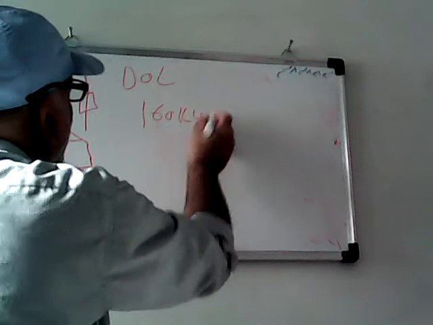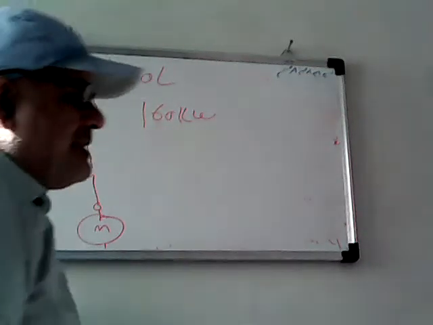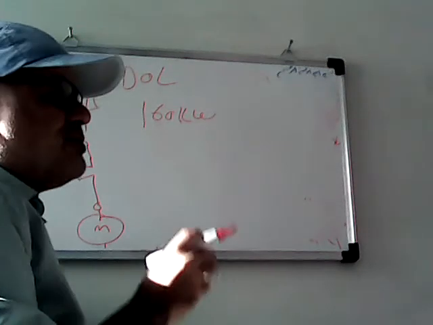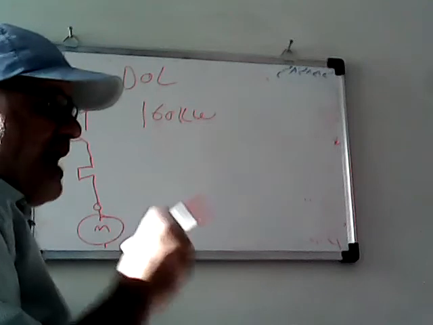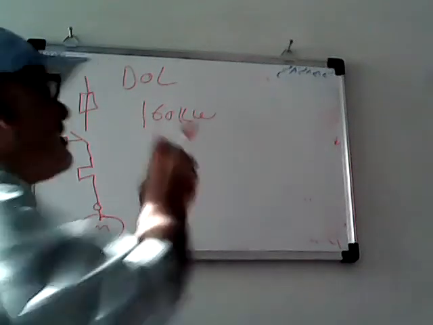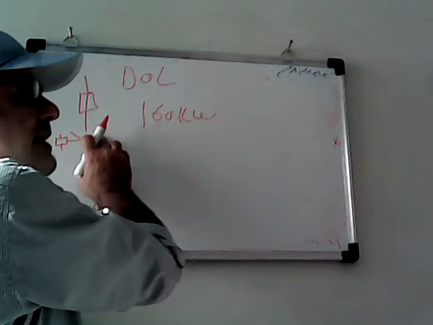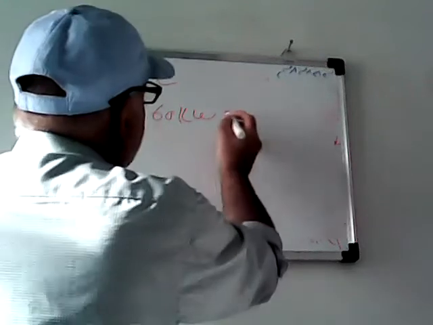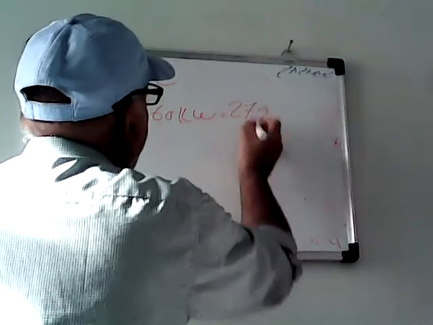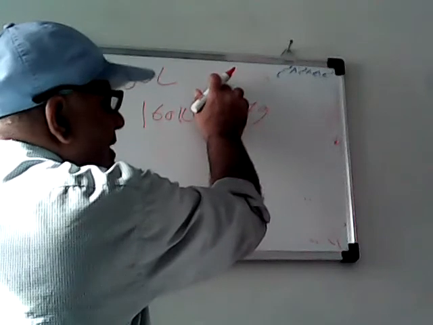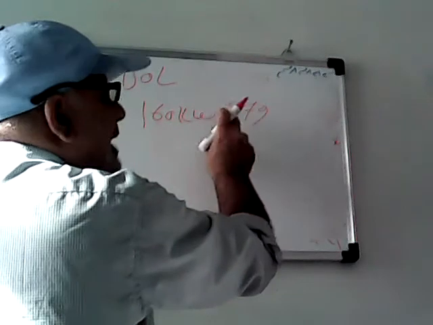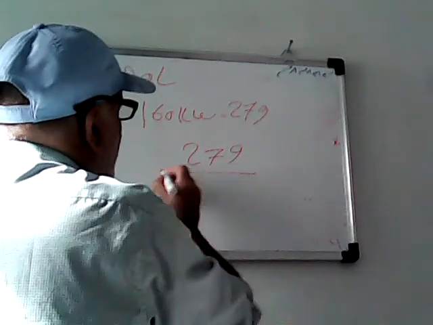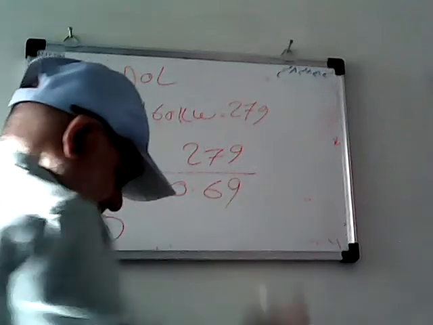Example, 160 kilowatt. You have a 160 kilowatt three phase electromotor. You want to very fast select your fuse for this electromotor running DOL. Okay, 160. Its current, the nominal current, the rated current in the nameplate of this electromotor, is 279. Okay, divide 279 by 0.69.